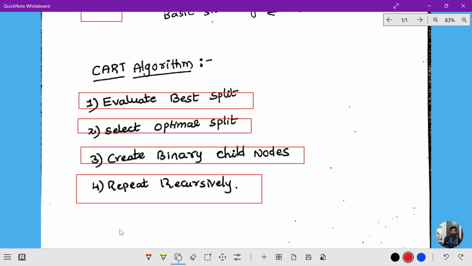First, you evaluate the best split. Second is the optimal split, meaning select the split with the minimum value. Third is creating binary child nodes. The last one is to repeat recursively. Recursively means you need to do it again and again until you get the best or correct value.